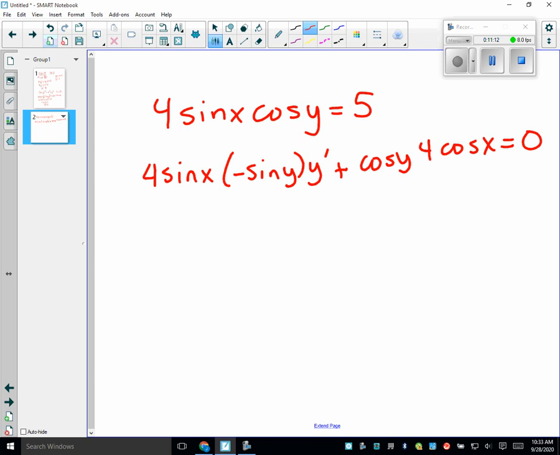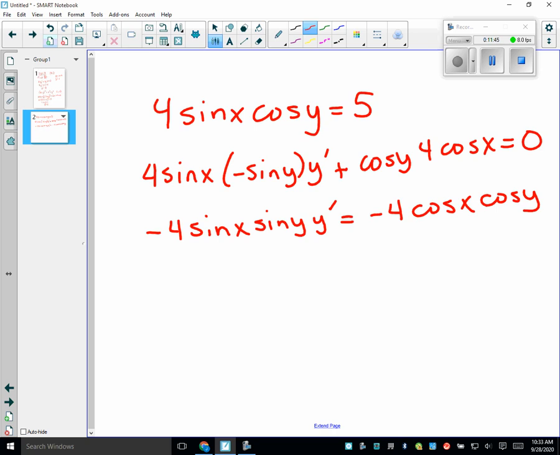I'm going to put y prime over here and everything else over there. So I have negative 4 sine x sine y, y prime equals negative 4 cosine x cosine y. Is that right?